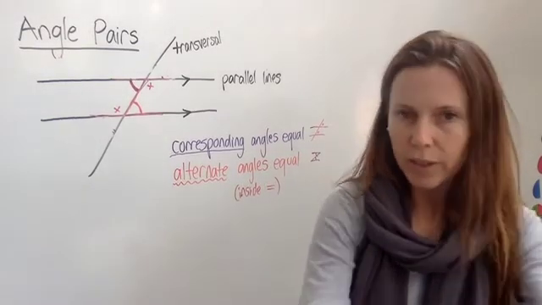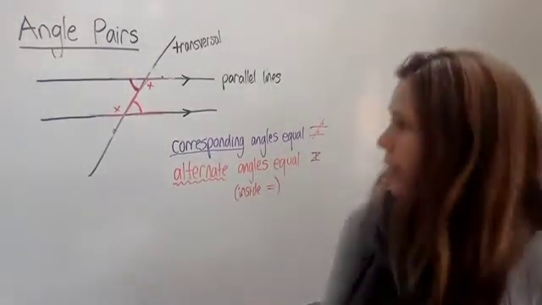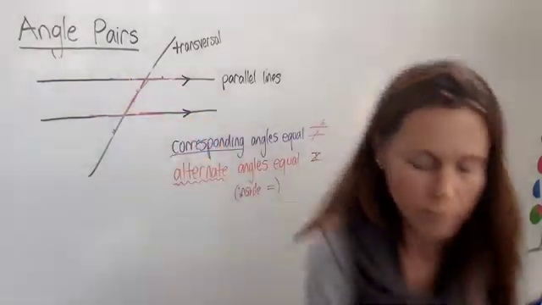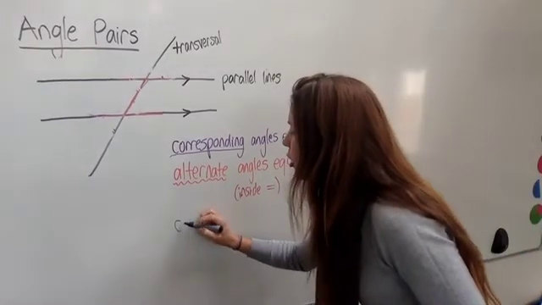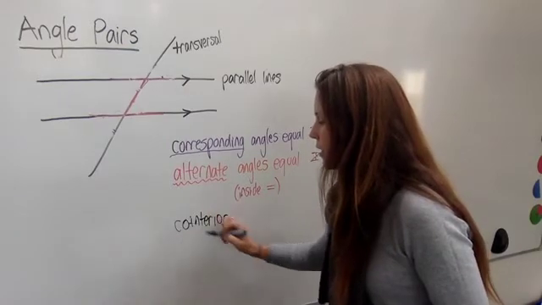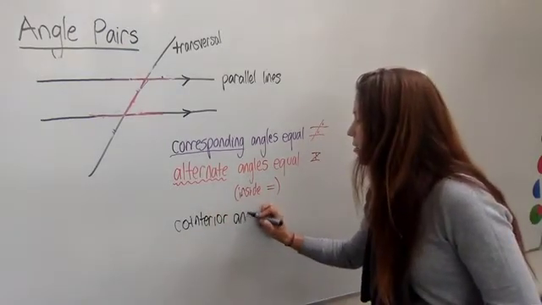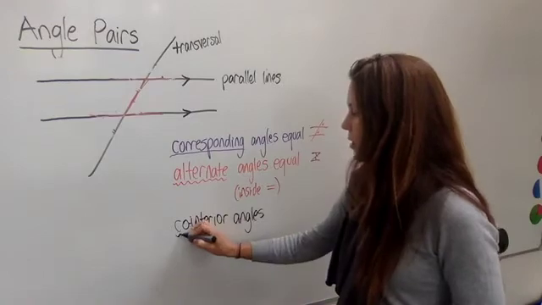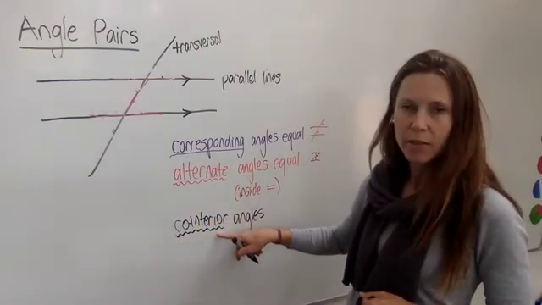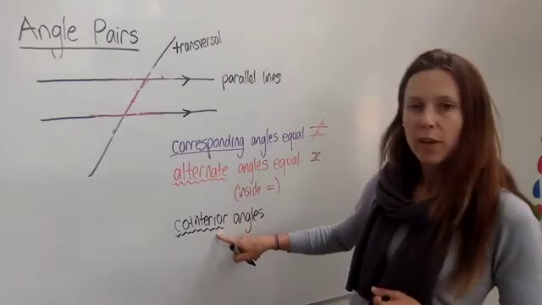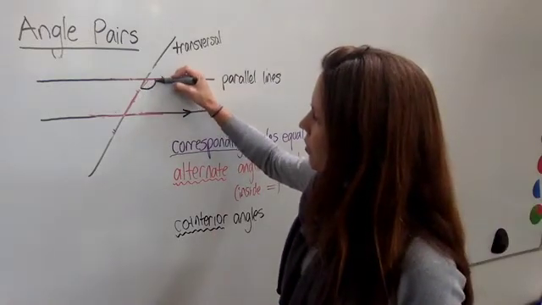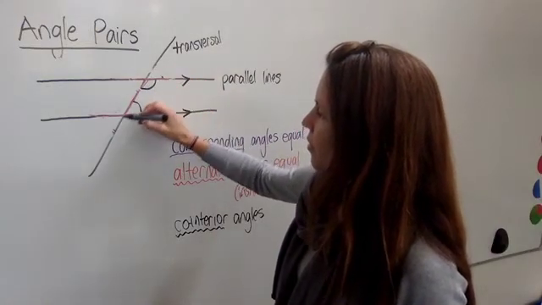Okay, next we are going to draw in some more angles. So we'll get rid of these red ones. And we're going to learn about co-interior angles. There's a little dash there, co-interior angles. Now think about what this word means, co-interior. Co means together, interior means on the inside. So we're looking for a pair of angles that are together on the inside. Can you see how this angle and this angle are both together on the inside?